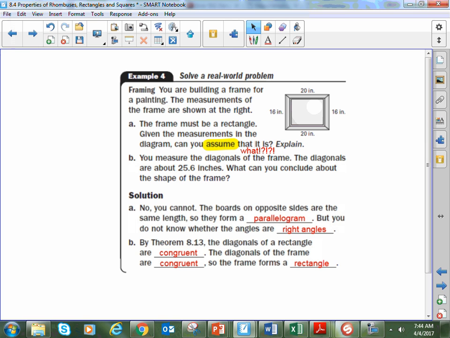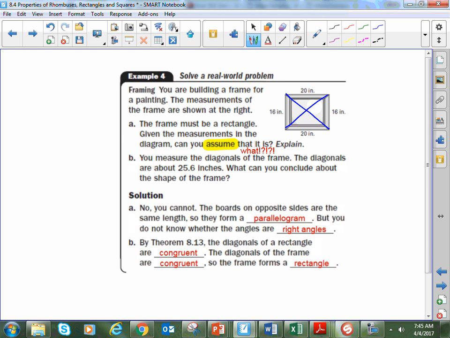Now let's look at part B. What about if I measure the diagonals? If I take a measuring tape and measure those diagonals, and both diagonals are the same measurement, 25.6 inches, is that enough for me to say that it is a rectangle? Well, in this case, now I do have enough information.